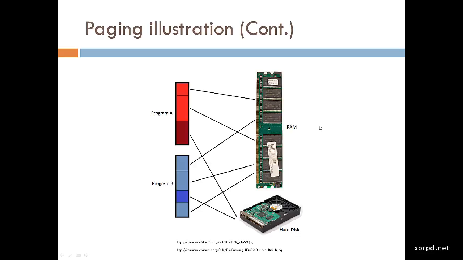Why would someone want to do this? Usually, RAM is more expensive than hard disk memory. For example, in my computer I have 1 terabyte of hard disk memory and only 4 gigabytes of RAM memory. So obviously I have more space inside my hard disk.